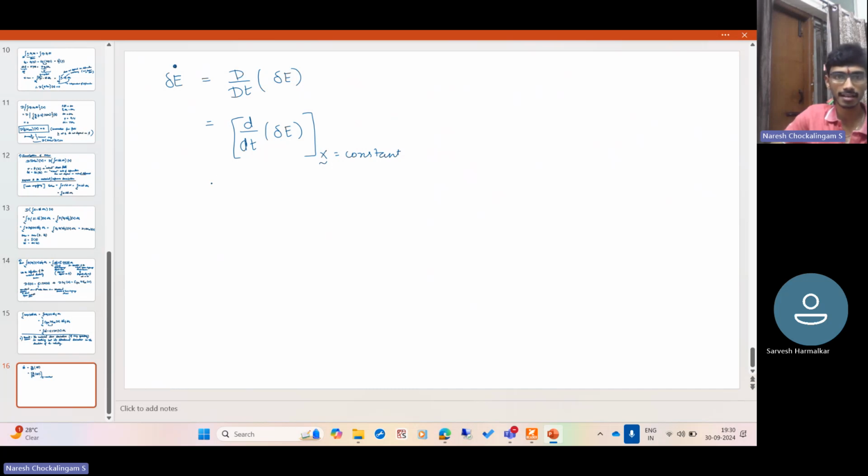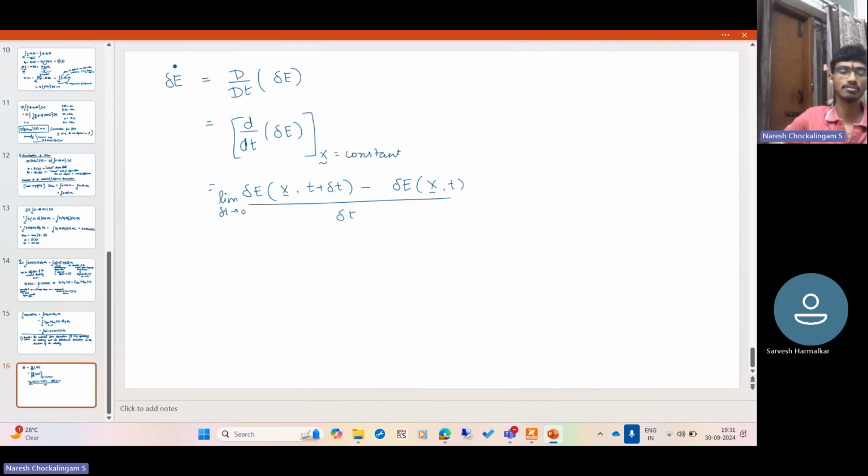So you can write this as del E dot. In the material description, E is a material tensor, so it is del E of x, t plus delta t minus del E of x, t, divided by delta t, in the limit delta t goes to 0.